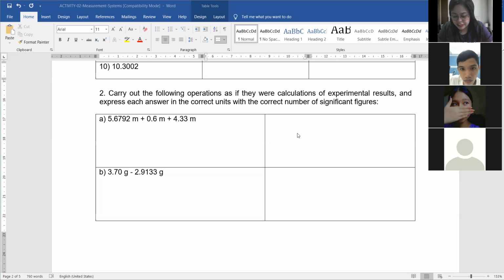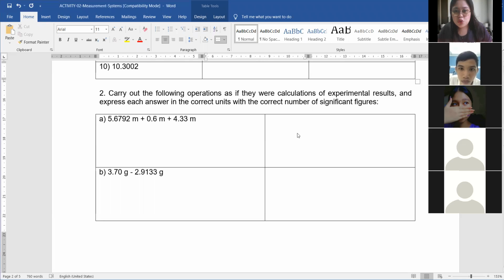So you have to really read the rules for significant figures, including the operations. Kung mag-add ka or mag-minus ka, unsa dapat ang rule for the significant figures sa answer, kung mag-times o mag-divide, unsa dapat ang rule nga gamiton. So as to really arrive and obtain the correct answer for the following.